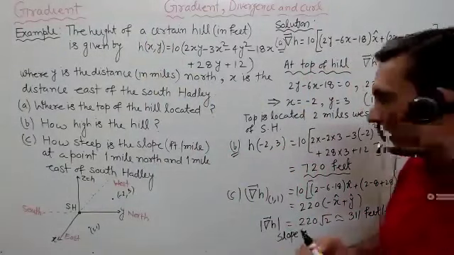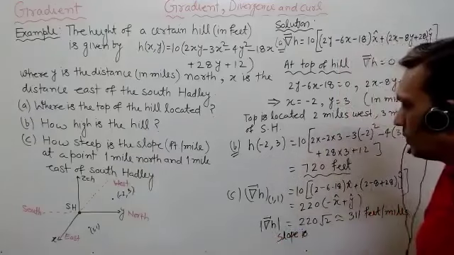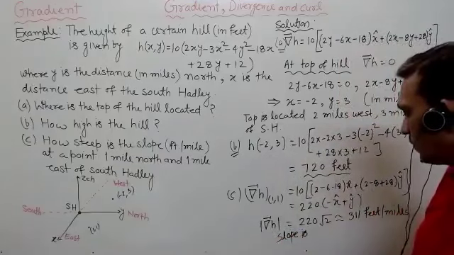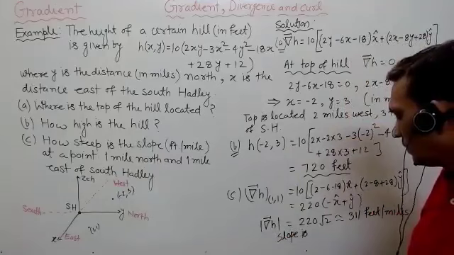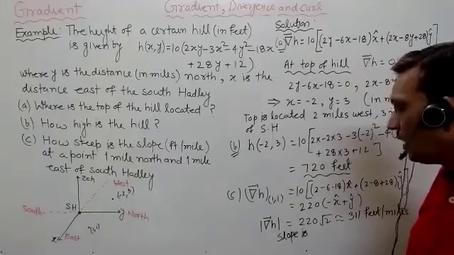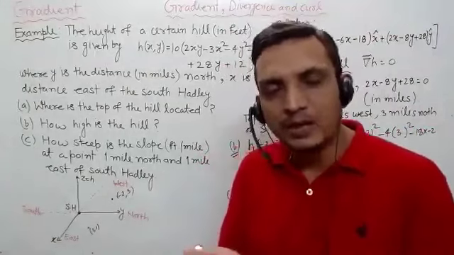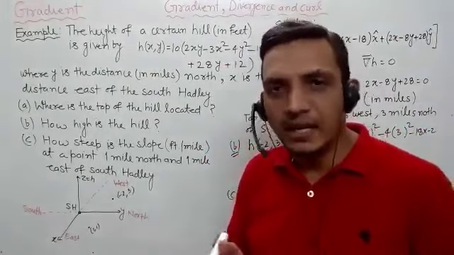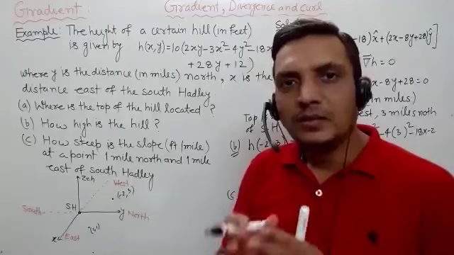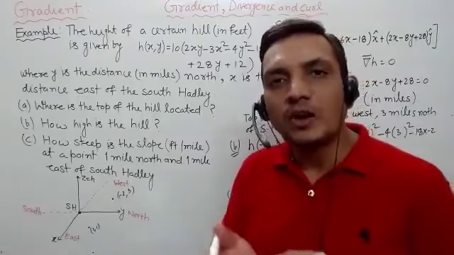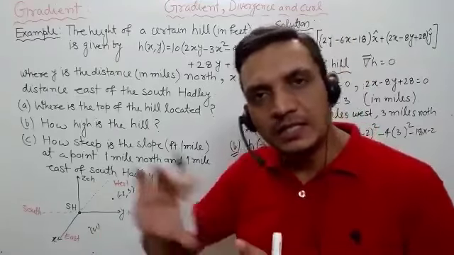Sir, I'm asking that in the last question you told a formula that the gradient of h upon its magnitude is the direction of the normal at that point. No, that I have discussed as the unit vector normal to a constant plane. That is a different case.